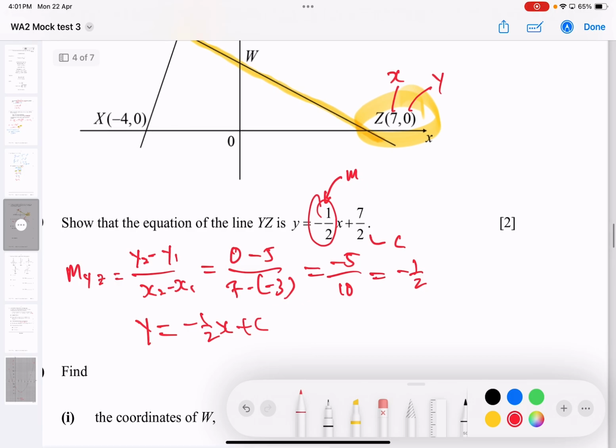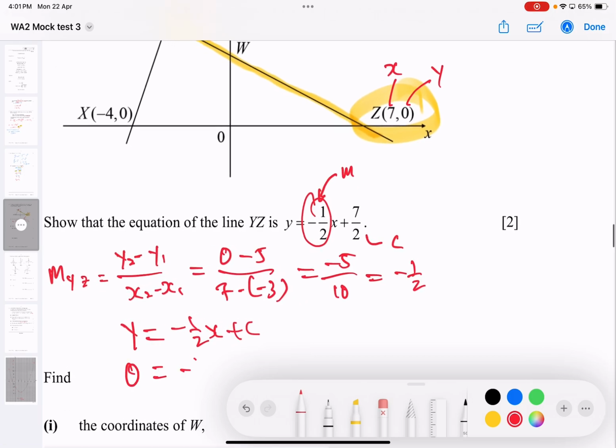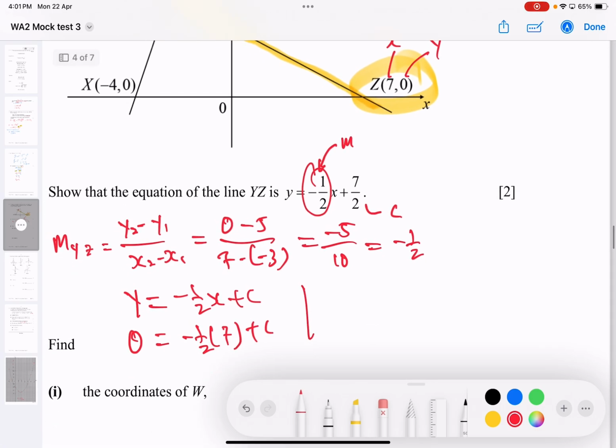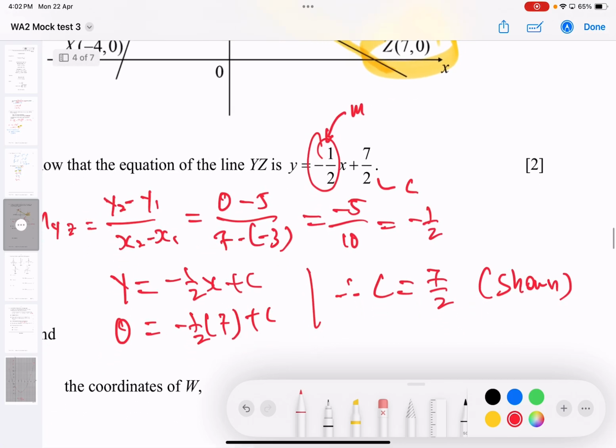So I'm going to substitute it in. y is 0, negative half times 7 plus c. So therefore, c is 7 over 2. So I have shown that the equation is indeed y equals negative half x plus 7 over 2.